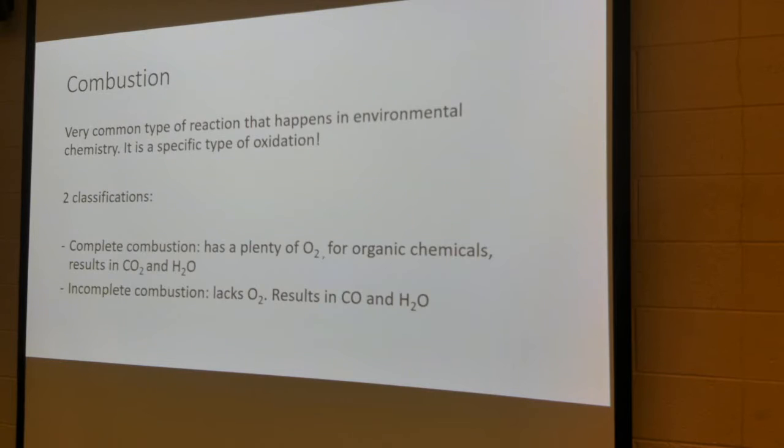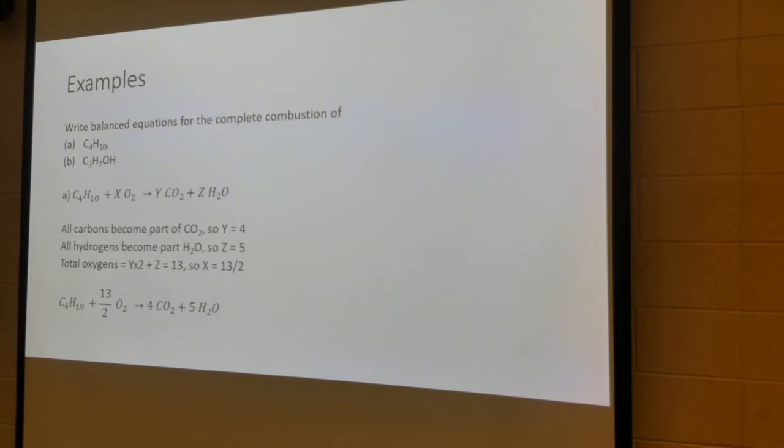Complete combustions are basically reactions with stoichiometric proportions, and there are certain approaches to tackle a basic combustion stoichiometry problem. So let's see an example for complete combustion of certain chemicals. First case, complete combustion of butane, C4H10. How do we do a complete combustion?